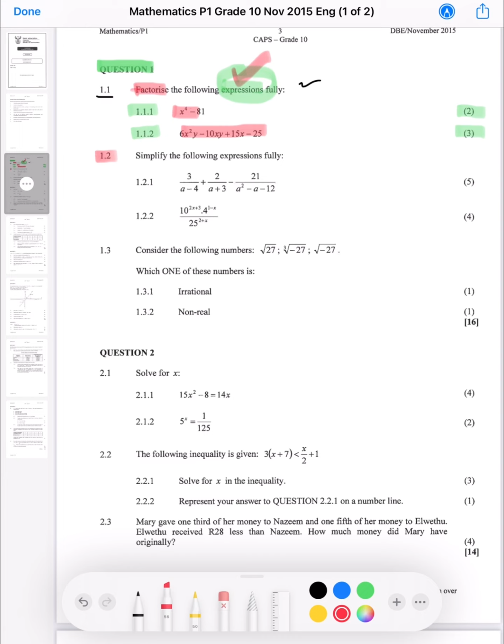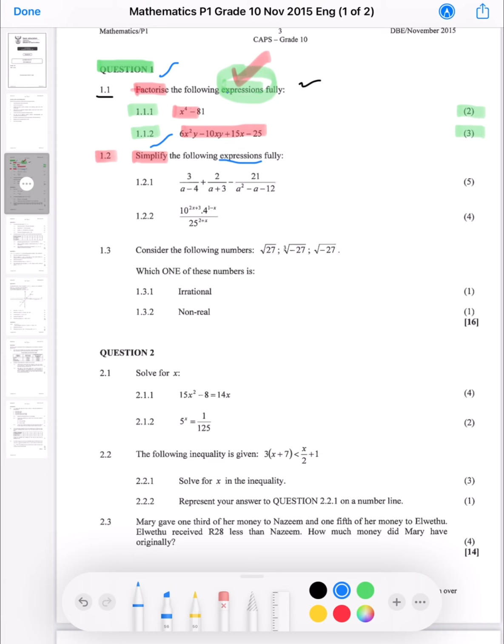Okay, 1.2. What are we doing there? For 1.2, they say simplify the following expressions fully. So what are we doing there? We are simplifying. On the first question, ladies and gentlemen, we were factorizing, but here we simplify. And what are we simplifying? We are still simplifying expressions.